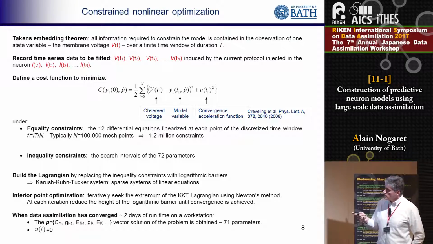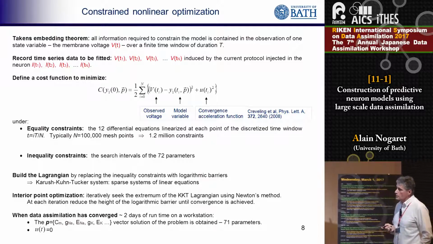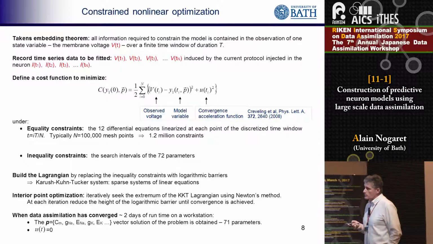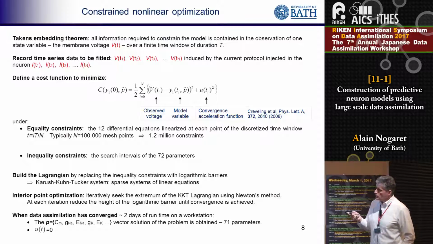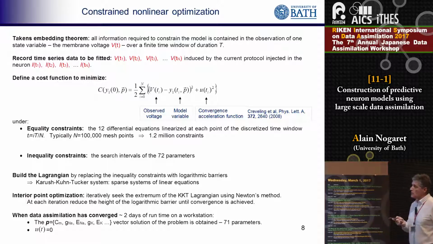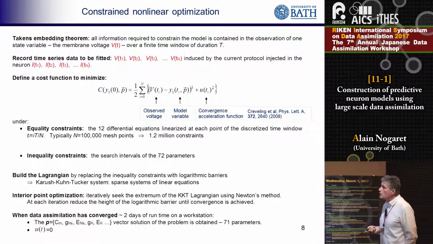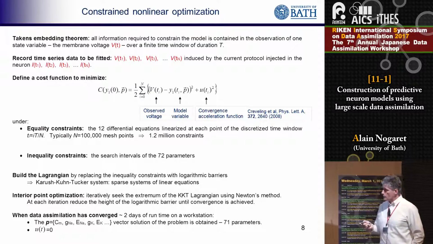So there are two types of constraints, equality constraints and inequality constraints. Equality constraints derive from the 12 differential equations, which are linearized at each point of the discretized time window. Typically the number of mesh points in the time window here is 100,000, multiplied by 12 differential equations. So you've got 1.2 million constraints in the model.